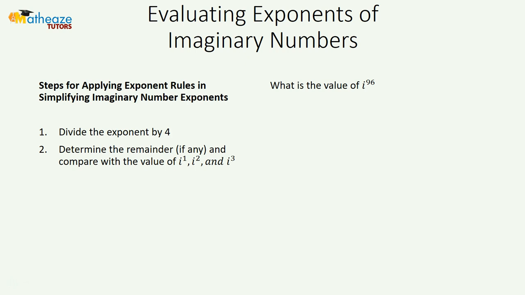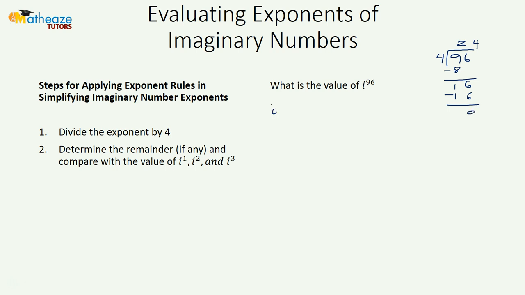Final example. So 96, we divide that by 4. We have 2 times 4, 8, subtract, 16 divided by 4 is 4, 16.